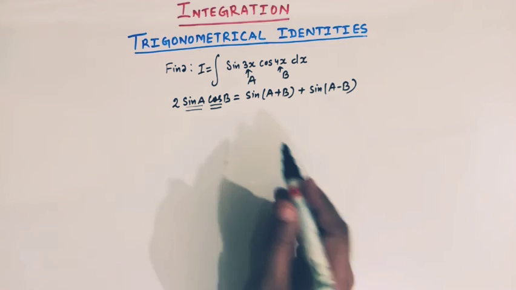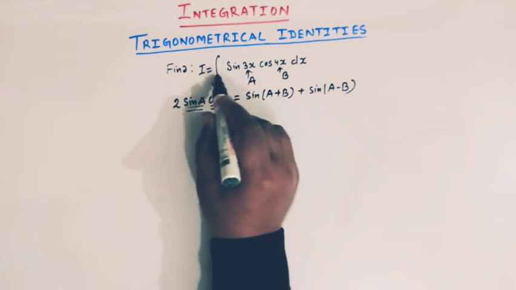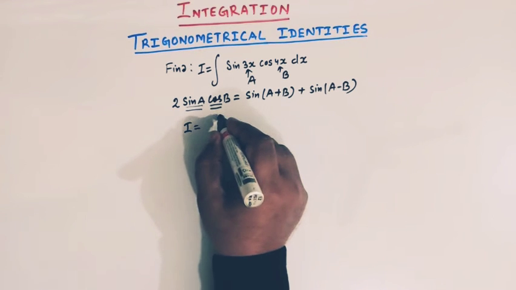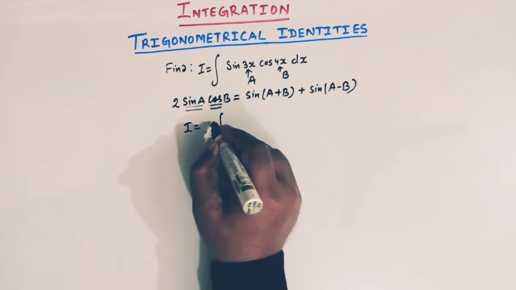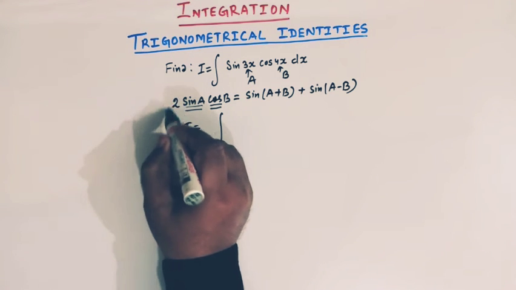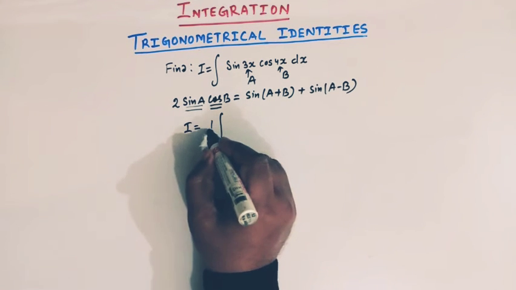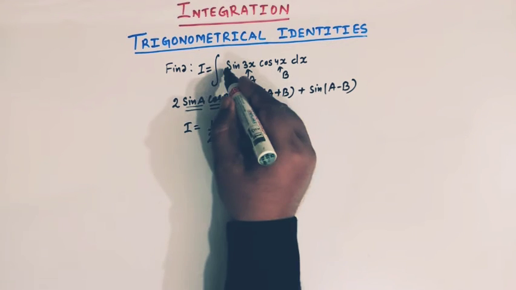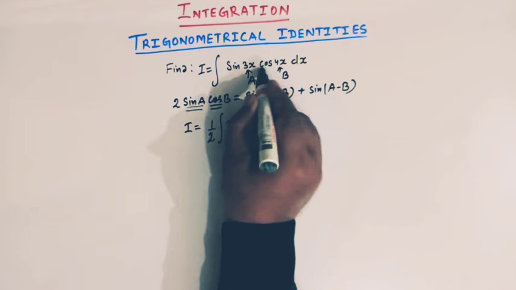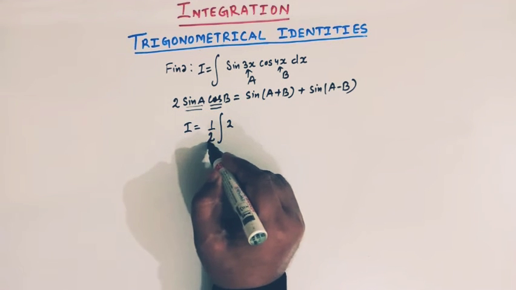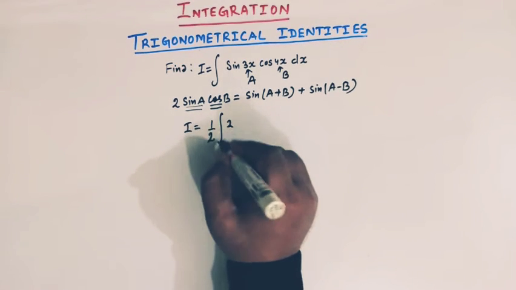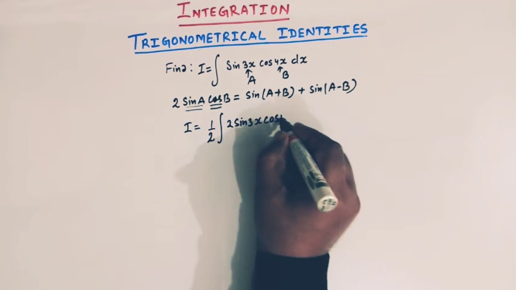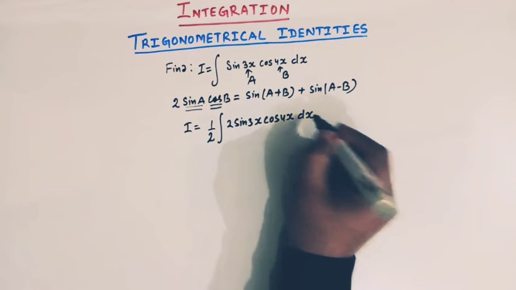So now this integral I can be written as I is equal to integral sign, then see here we have the factor 2. So what we will do, will divide by 2 and multiply by 2, right? So this function will be multiplied by 2 and divided by 2. So we can write half integral 2 sine 3x cos 4x dx, right?